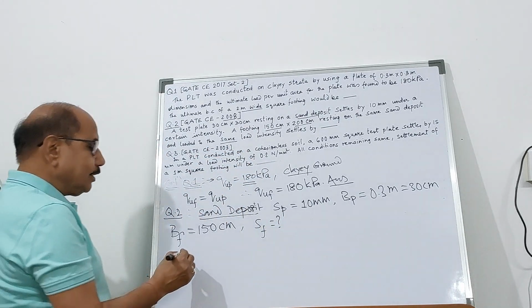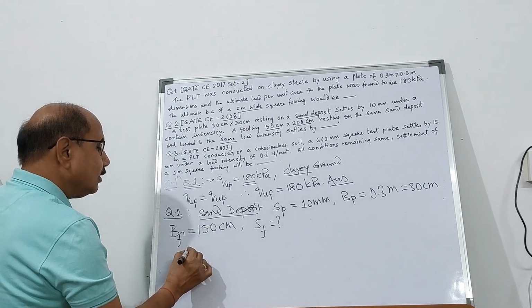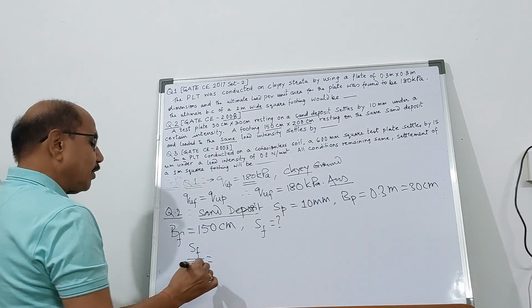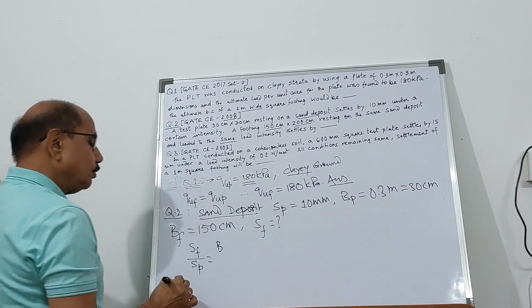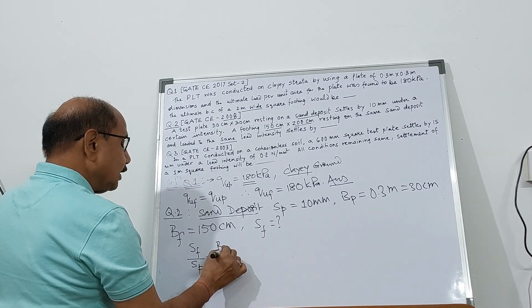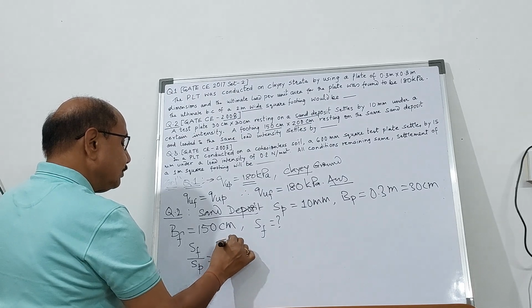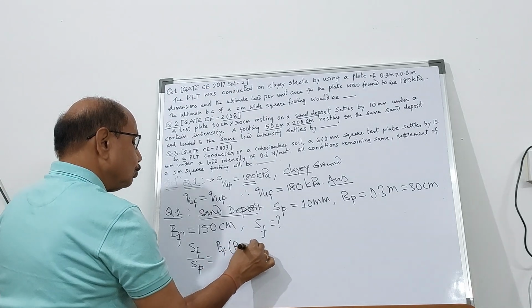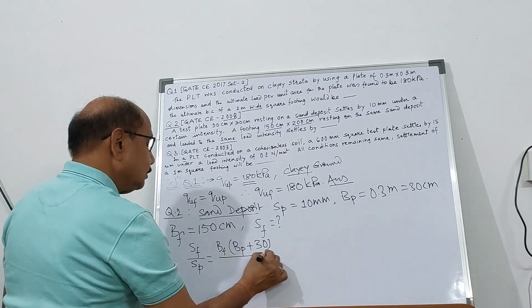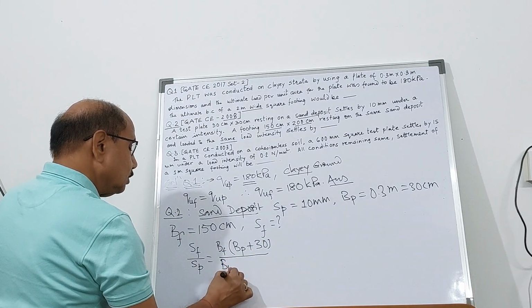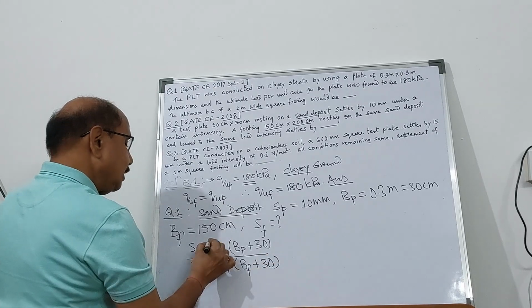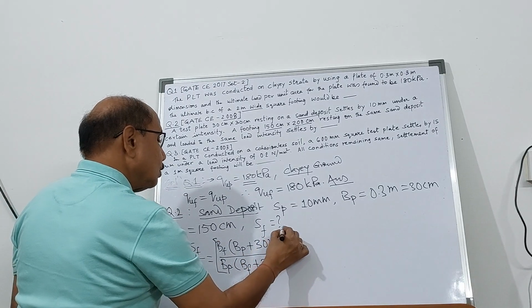Now because it is a sand deposit, the relationship between the settlement of the foundation and the settlement of the plate must be equal to: the settlement of the foundation over the settlement of the plate equals BF into (BP plus 30 centimeter) divided by BP into (BF plus 30), whole squared.